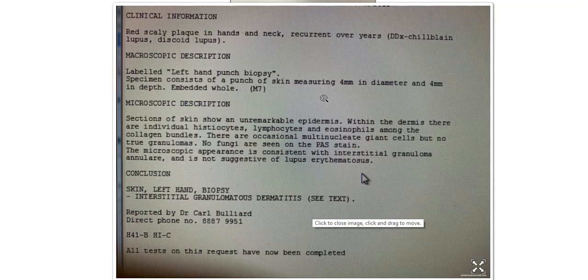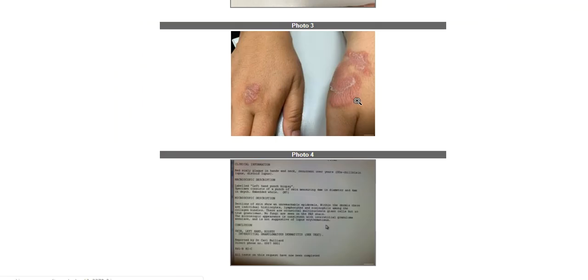In fact, let me just see if we can bring up any images for interstitial granulomatous dermatitis. Let me just check here.